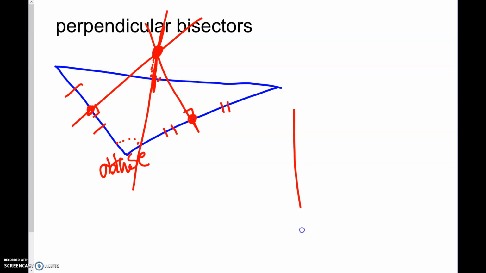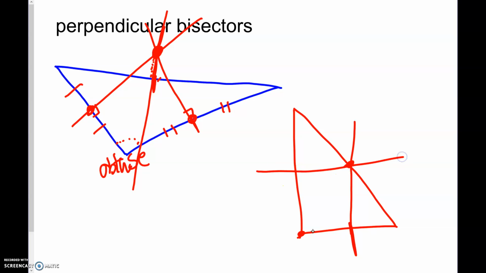So if we actually have a right triangle, the perpendicular bisectors come through and they meet at this point right here. This perpendicular bisector comes through, this one comes through, and then the perpendicular bisector here comes through.